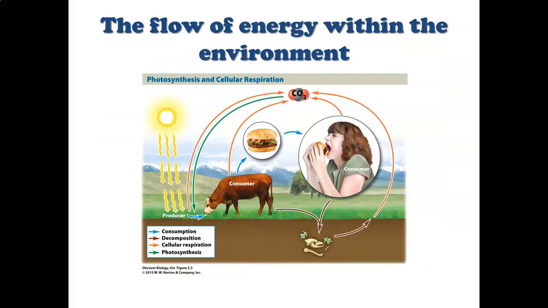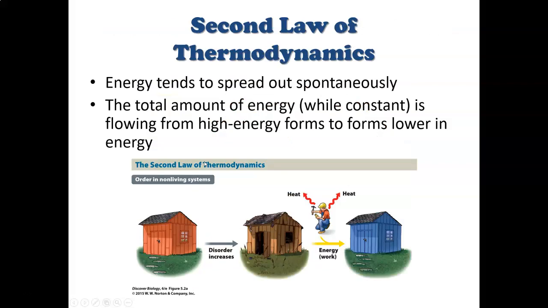So we can think about the flow of energy from a cellular level and also on an ecosystem level. On an ecosystem level, energy comes from the sun, gets captured by producers, gets eaten by primary consumers, then that energy gets eaten by secondary consumers. But the same thing is happening on a cellular level as well.